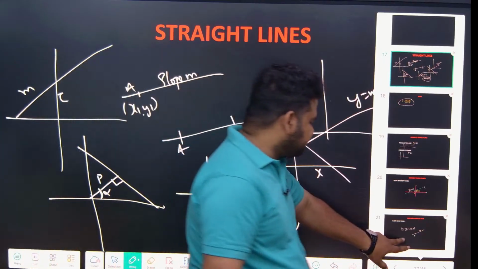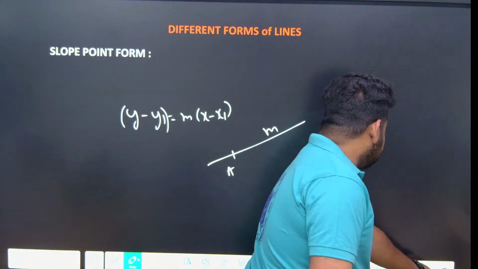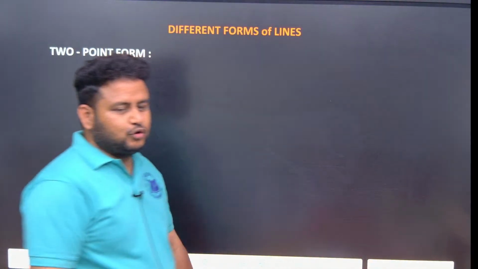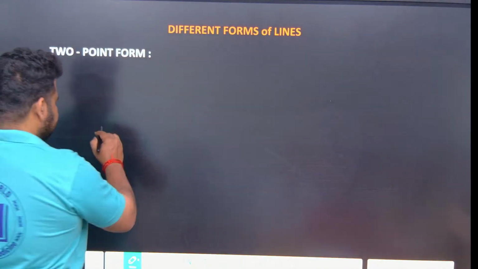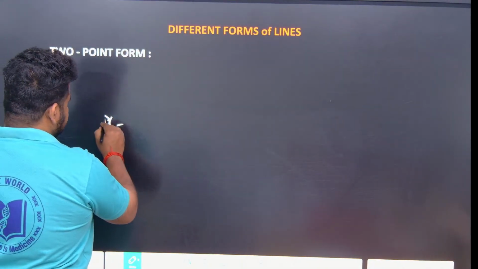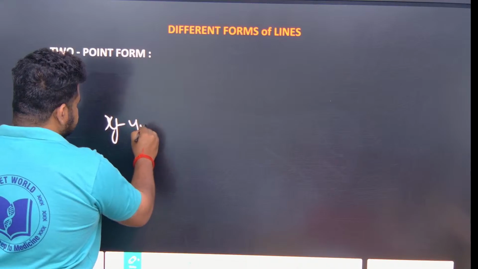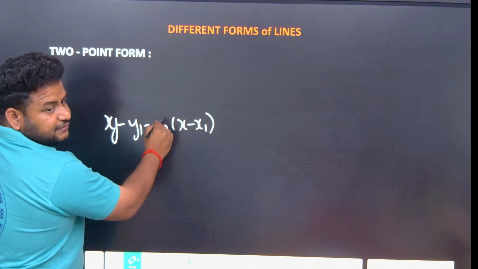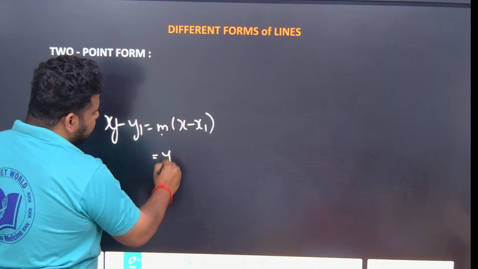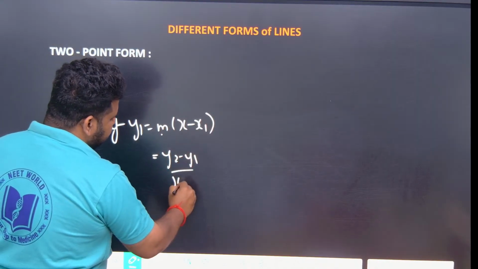Next you will get the two point form. I already told you. From the slope point form, you will extend: y minus y1 is equal to m into x minus x1. Here, if they have not given m, then you will use y2 minus y1 by x2 minus x1.